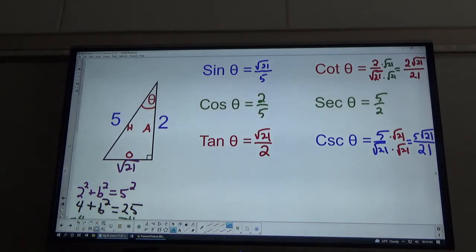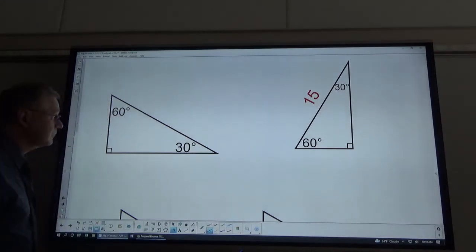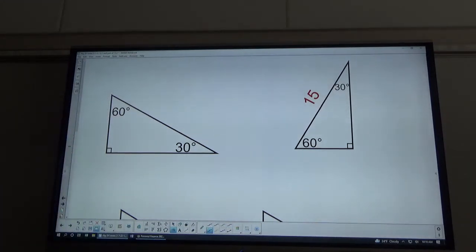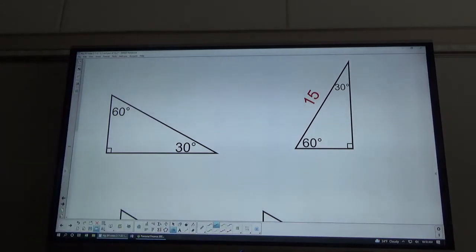Here we go. Here's our next one. So in these problems, what I'm talking about here are special right triangles. In this case, the 30, 60, 90 triangle. Now, special right triangles like these have particular side ratios.